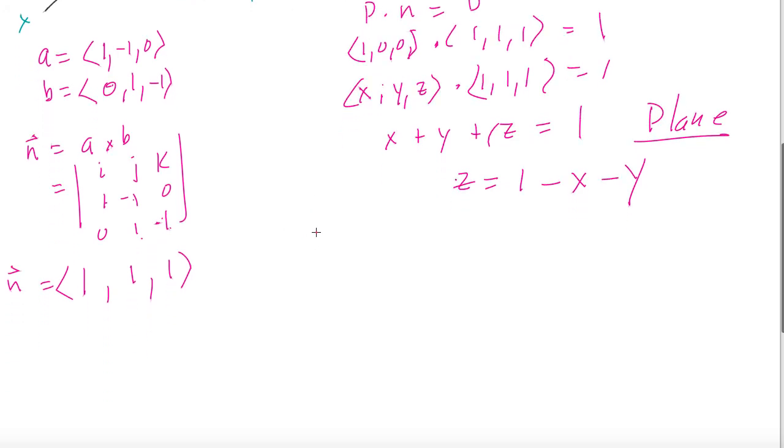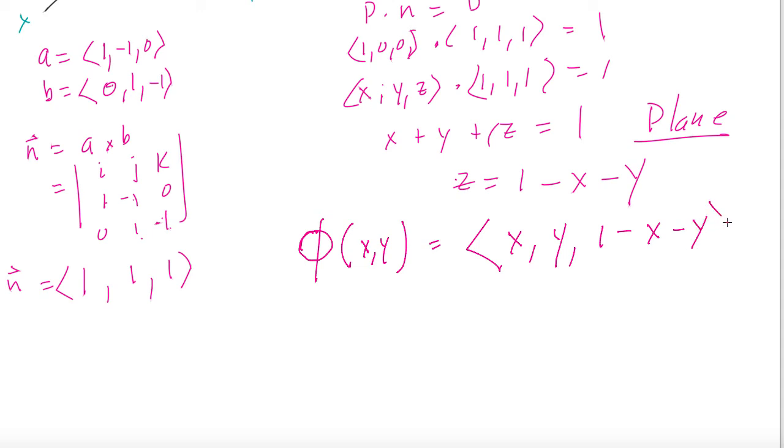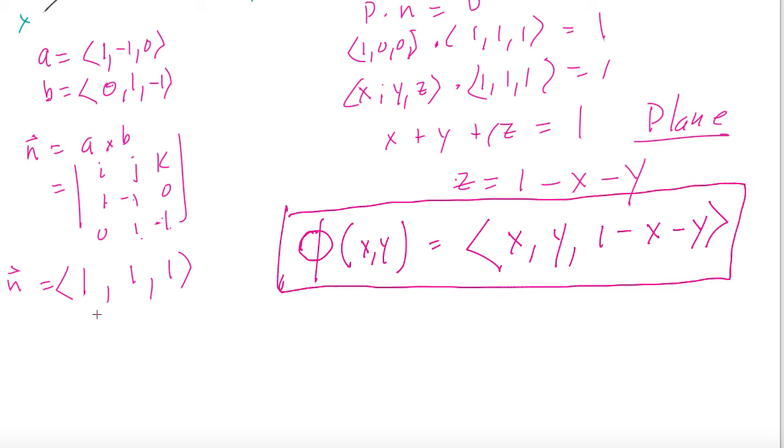Then our formula is, you just put x, y here, and it's going to give us x, y, 1 minus x minus y. So there's our parametrization right here. And the good news is we already know the normal of this. We already know the normal is 1, 1, 1.